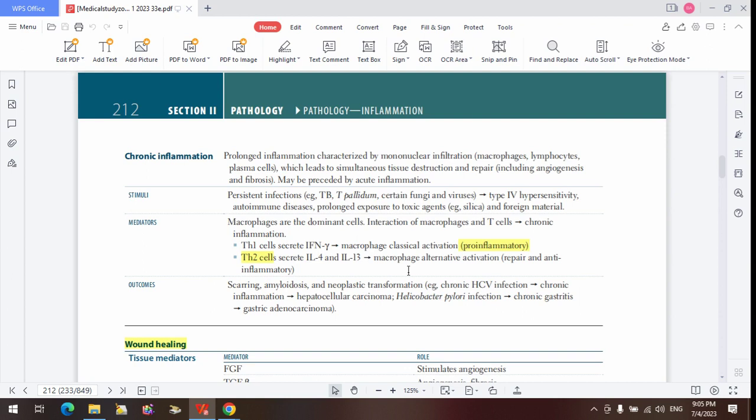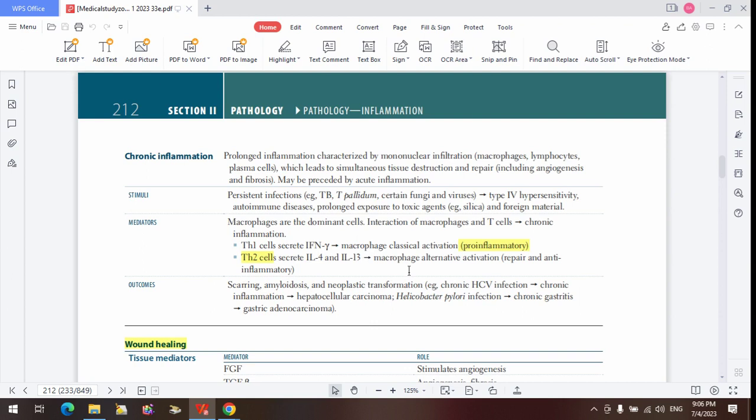stimulate the recruitment and the activation of the fibroblasts that will start laying down ground substances and collagen, which will eventually lead to fibrosis. So that is why one of the complications of chronic inflammation is fibrosis and scarring. Fibrosis and scarring is due to this pathway. So once you have chronic inflammation happening and your macrophages are doing their work, they're activating T cell.